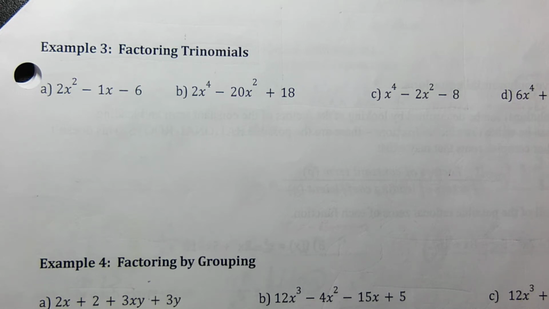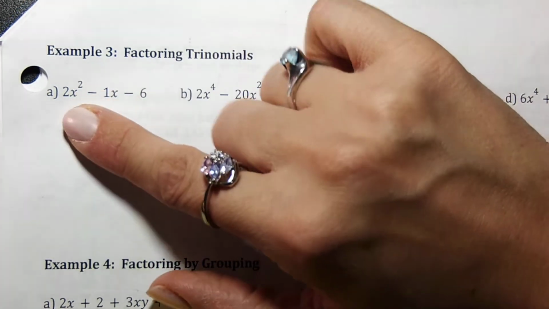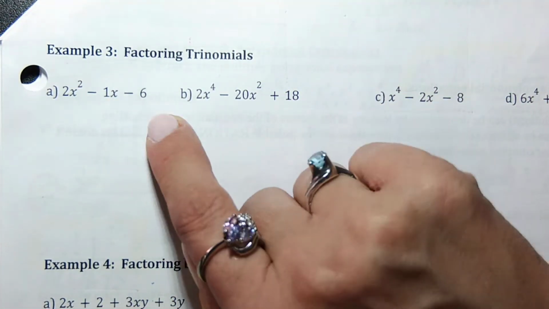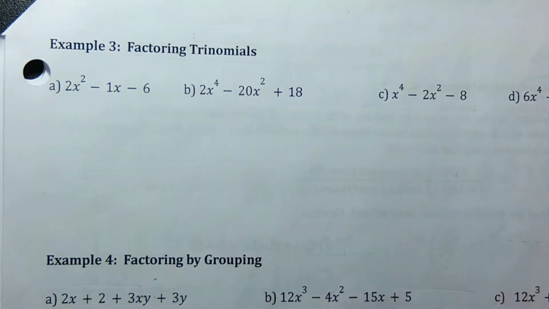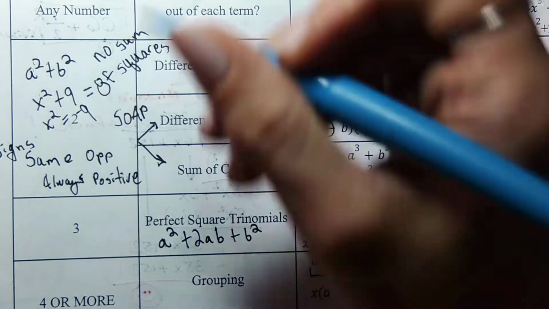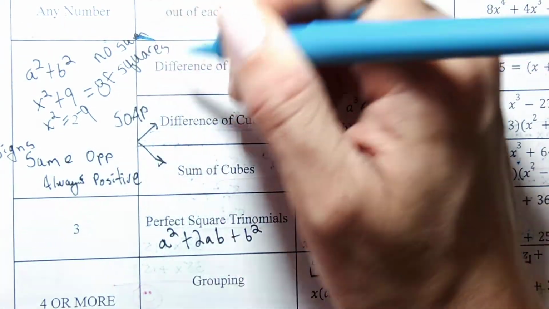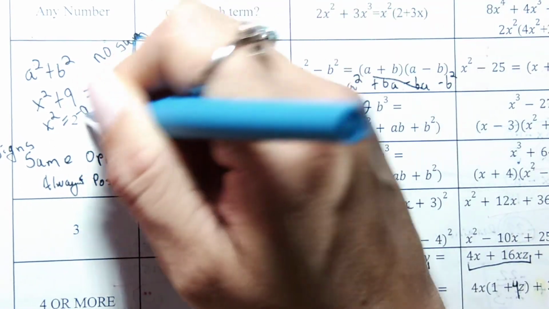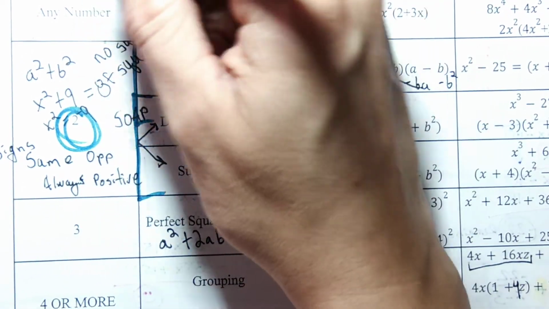Is this sum or difference of cubes or sum and difference of squares? Square. Well, x squared is a perfect square, but then I've got this x, which is not a perfect square, and 6, which is also not a perfect square. So let's just go back for a second. In order to have sum and difference of squares or sum and difference of cubes, there will only be 2 terms.